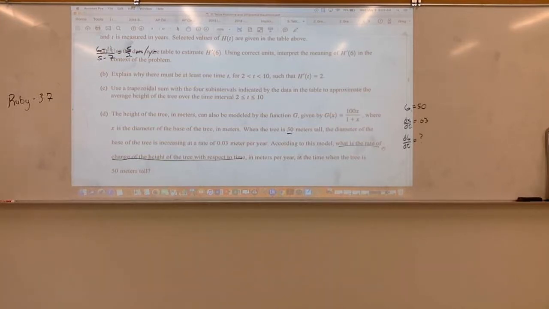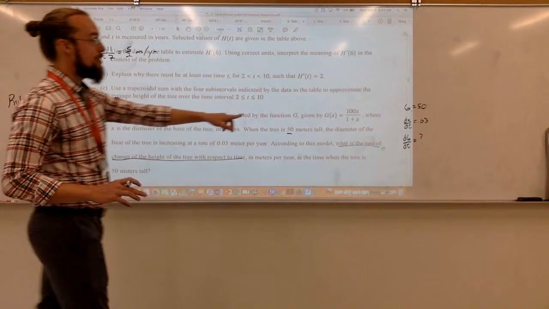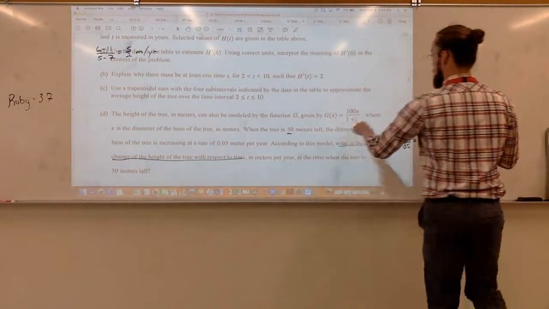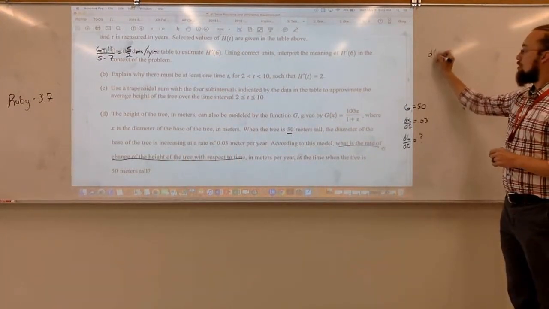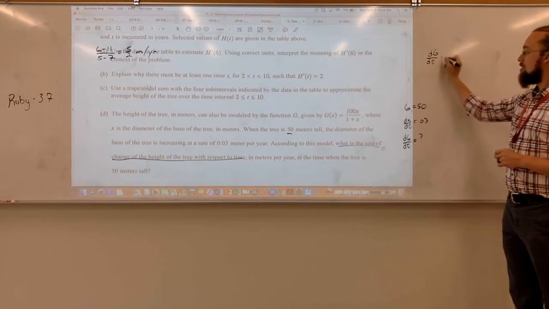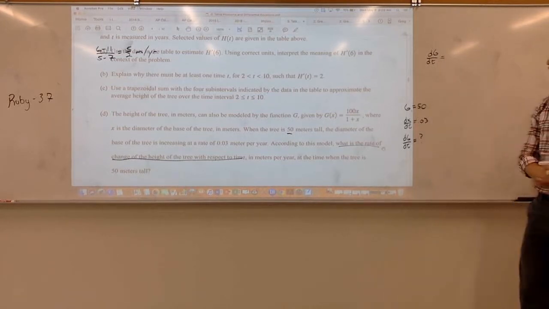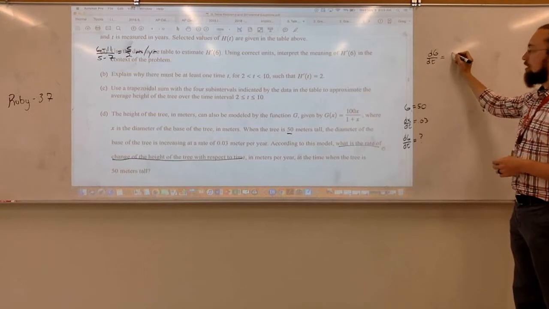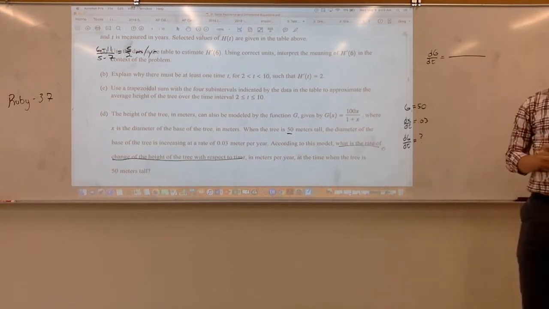A rate is a derivative. So what we want to find here is the derivative of this function. So dg dt will be equal to, I have to use quotient rule here, right?